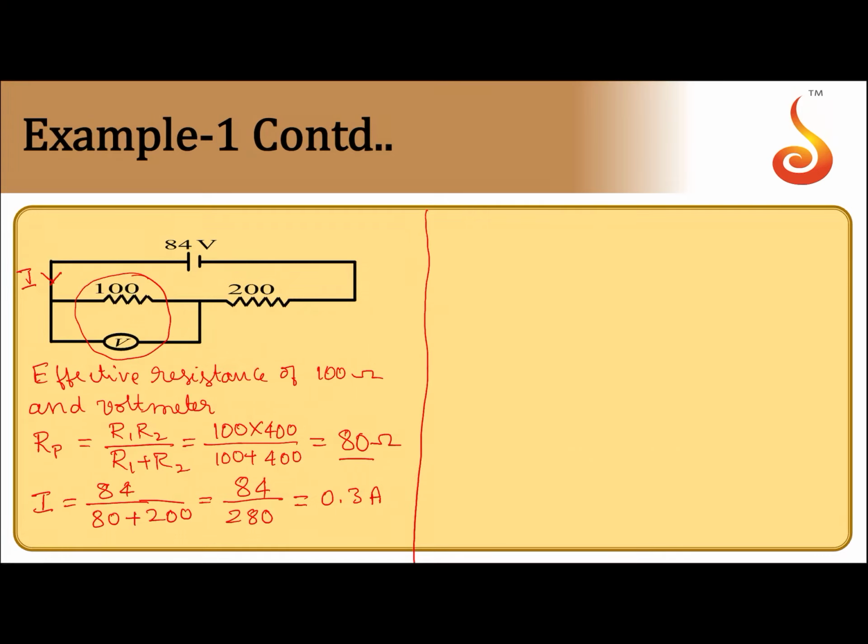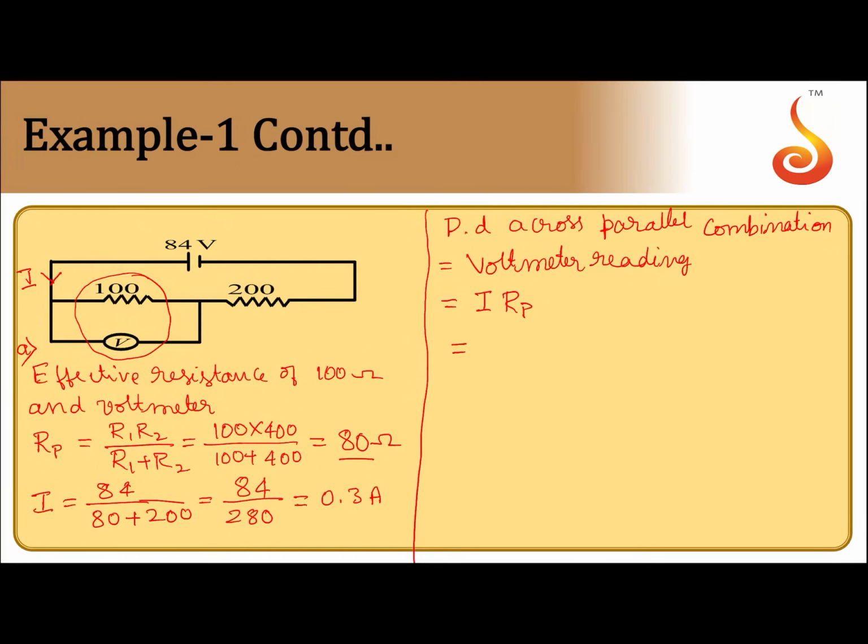Now in the first case, this is case A. So if I find potential difference across parallel combination, that is voltmeter reading, that should be equal to I into Rp, current into resistance from Ohm's law.